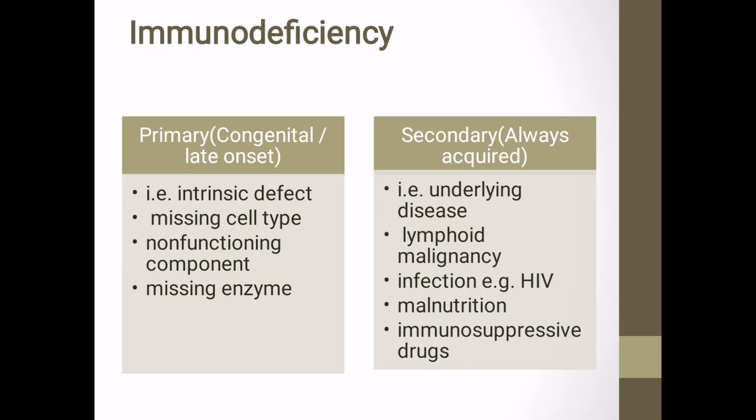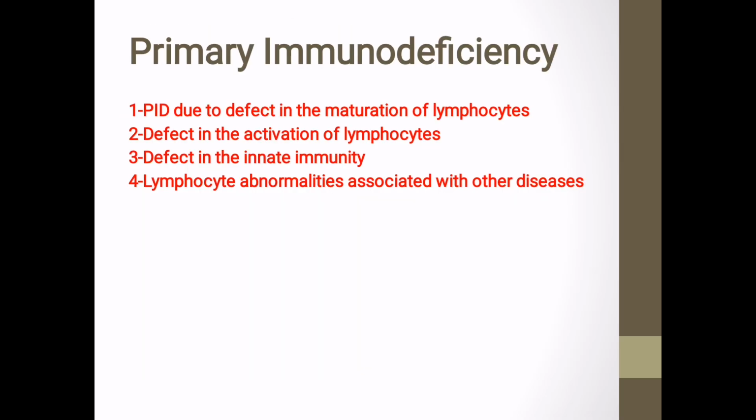So the component of the immune system is present, but it is non-functioning, or sometimes there may be missing enzymes. In the acquired, or secondary immunodeficiency, the underlying disease may be lymphoid malignancy, and it can occur due to infection like HIV. Malnutrition can cause secondary immunodeficiency, and immunosuppressive drugs.